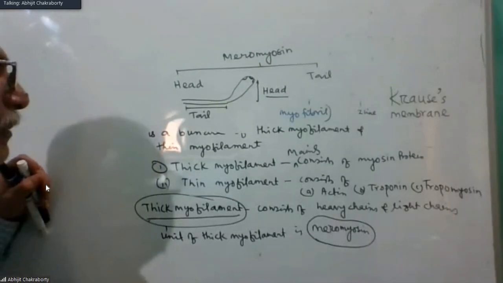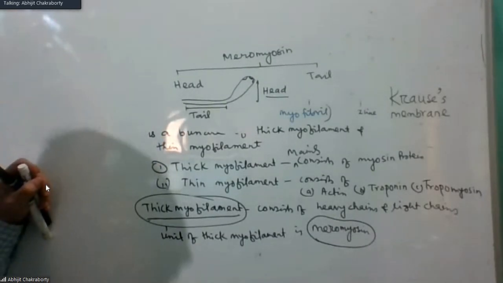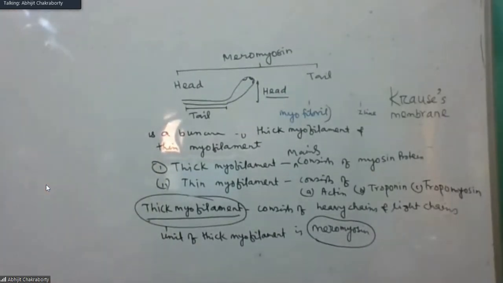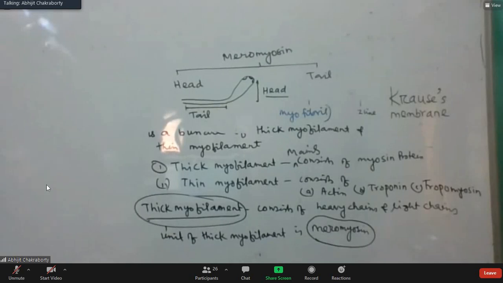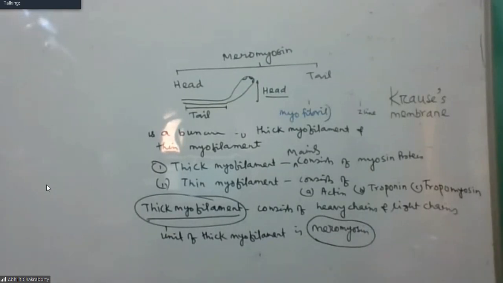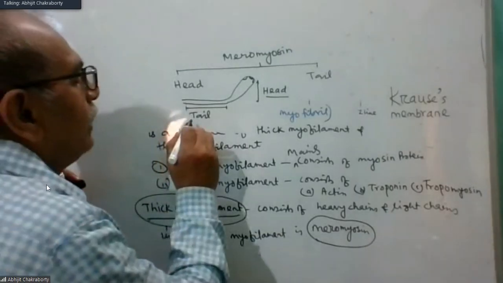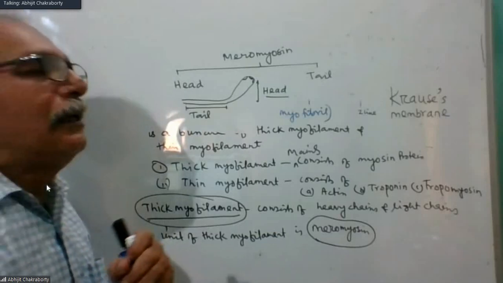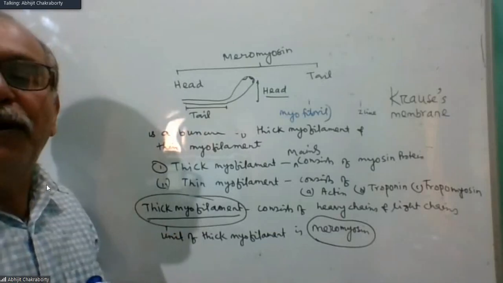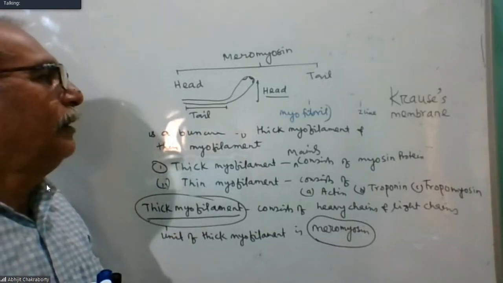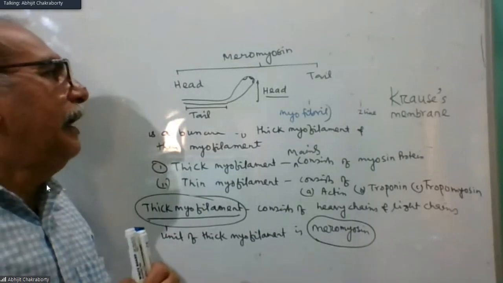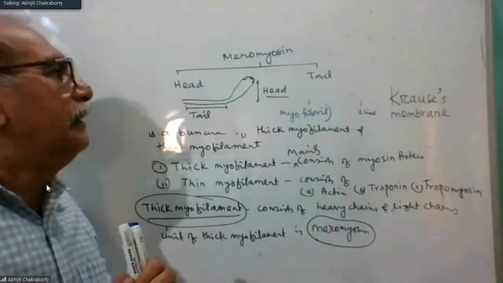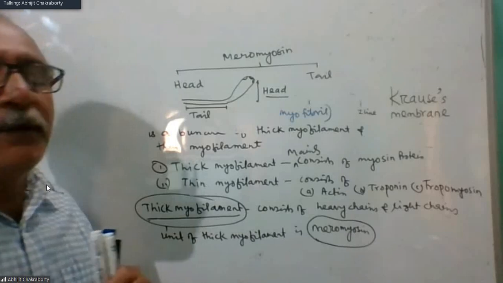So, thick myofilament consists of heavy chain and light chain. So, where will you get the heavy chains and where will you get the light chains? Basically, in the head region, you will get the light chain and here you will get the heavy chain. Tail region is formed of heavy chain and head region is formed of light chain. Are you getting me? The head is formed of light chain and tail is formed of heavy chain.